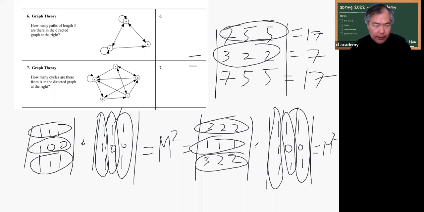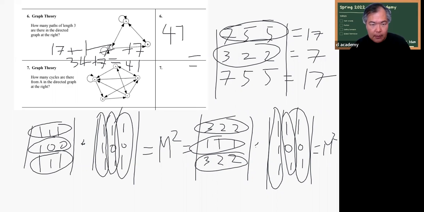The total is 17 plus 17 plus 7. That gets us 34 plus 7, which equals 41. So the answer for 6 is 41.